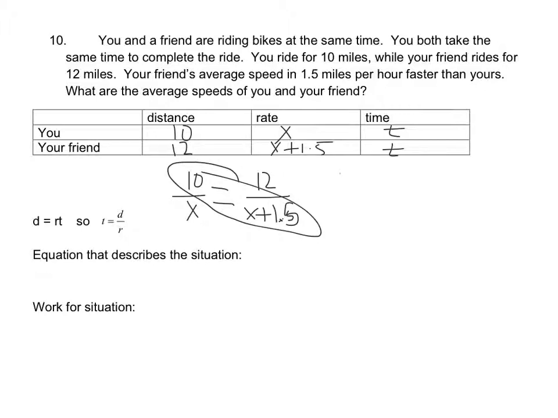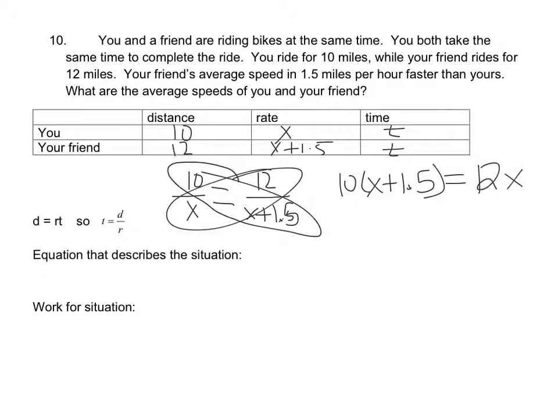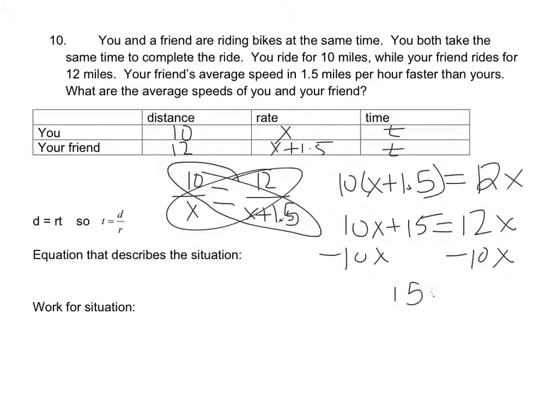So you have 10 times X plus 1.5 equals 12 times X. So 10X plus 15 equals 12X. Subtract the 10X. 15 equals 2X.